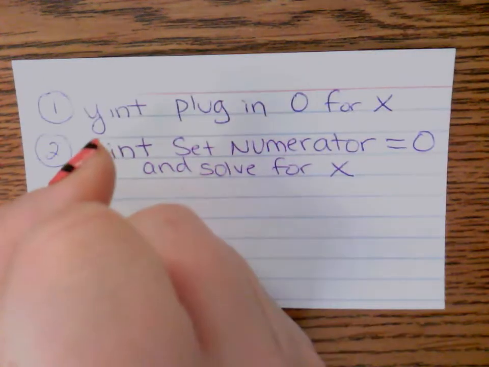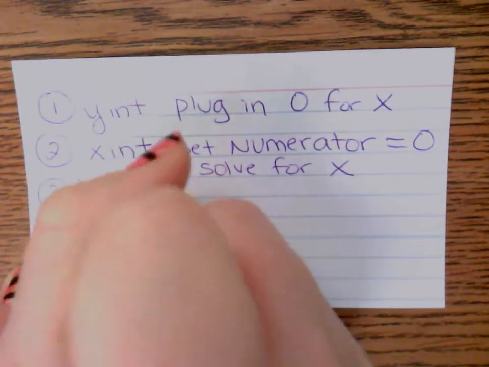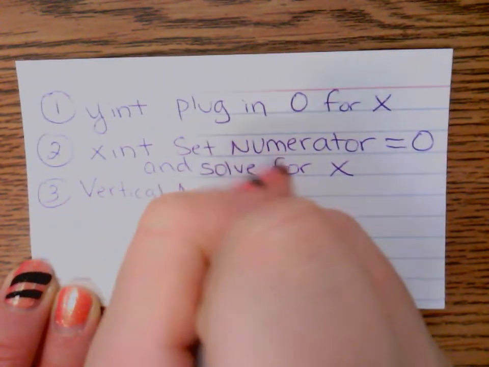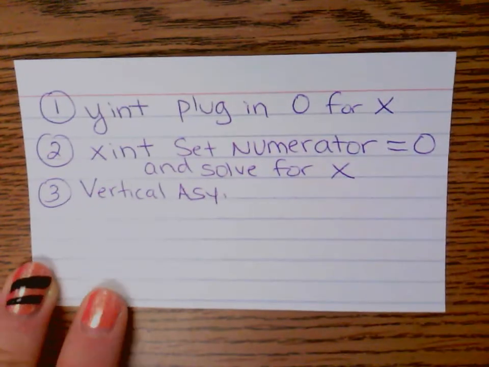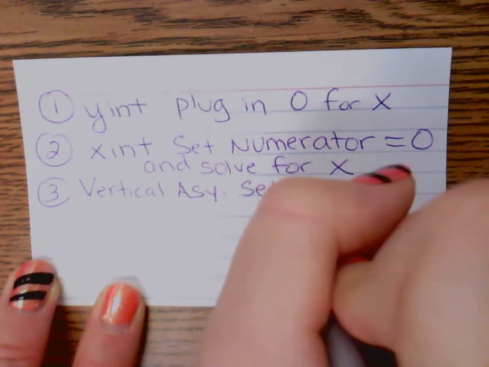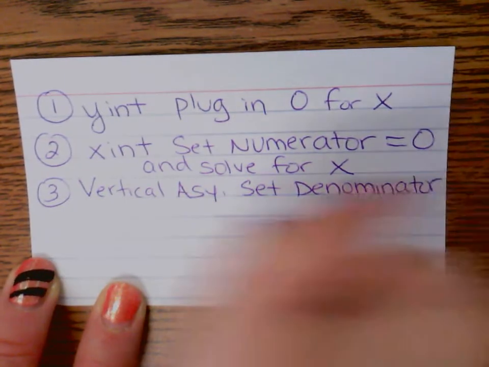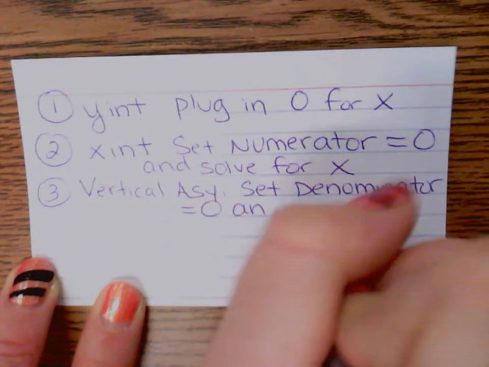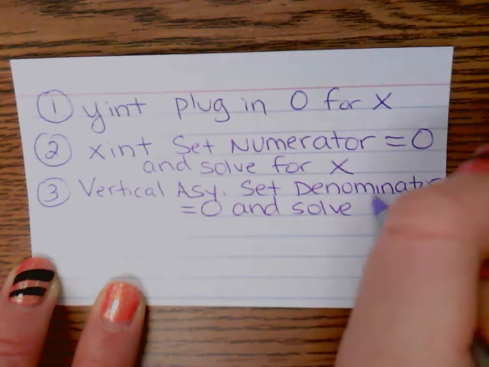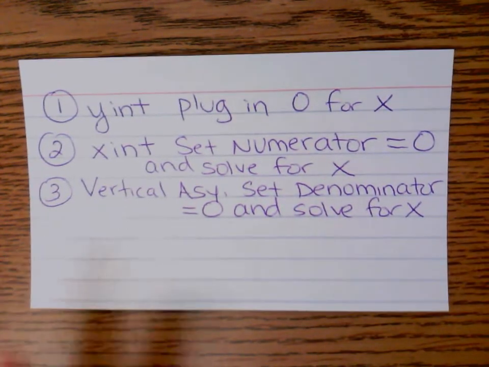And then step 3 is our vertical asymptote. Can I abbreviate asymptote? You set your denominator equal to 0 and solve for x.